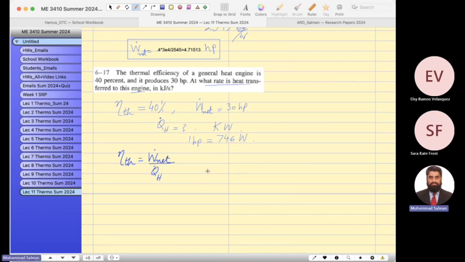And according to this formula, so what is our 30? So I'm gonna write down 30 horsepower. Q dot H.